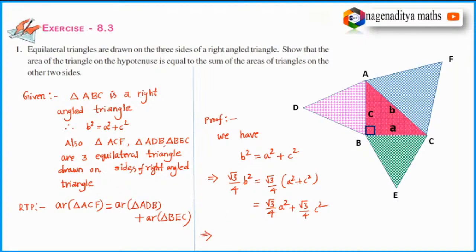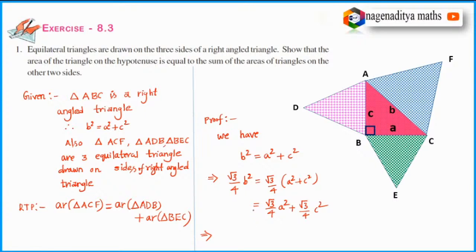B is the side of equilateral triangle ACF, whose area is root 3 by 4 B square, and A is the side of triangle BEC, whose area is root 3 by 4 A square, and C is the side of equilateral triangle ADB, whose area is root 3 by 4 C square. I already told you the area of an equilateral triangle.